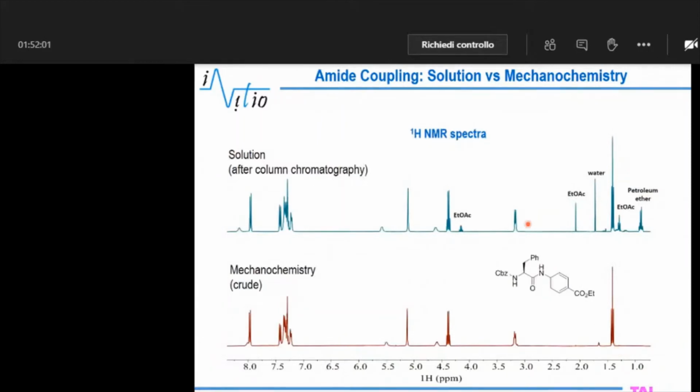If you compare NMR spectra of the same product made in solution and by mechanochemistry, here in solution it's after column chromatography, after purification. As is common, you can see here contaminants from your chromatography solvents, so you still have to dry it. But for mechanochemistry, this is a crude product, and you see it's perfectly clean.